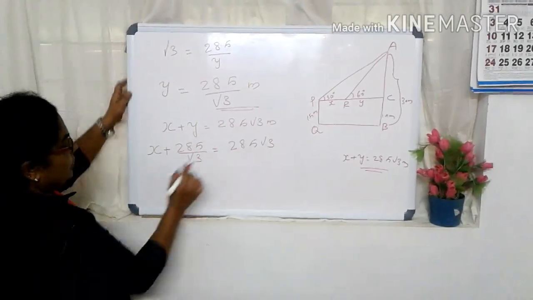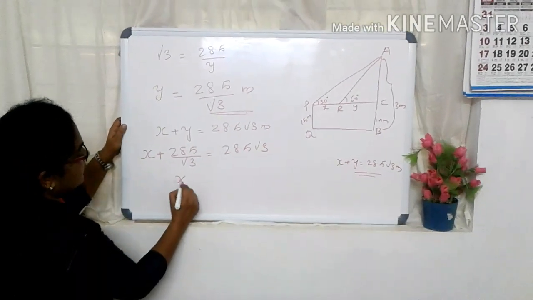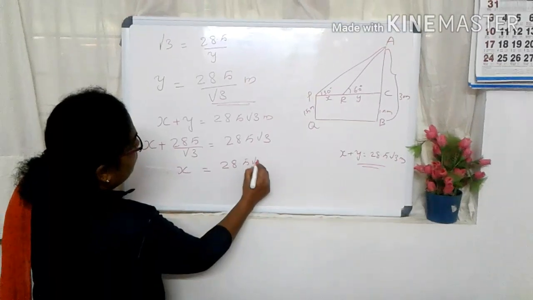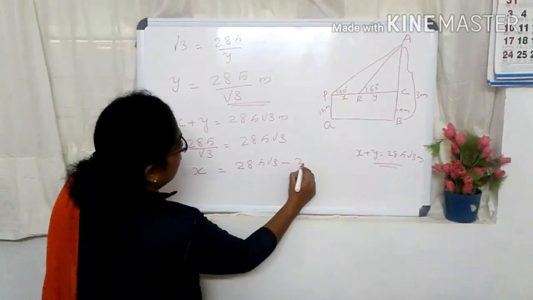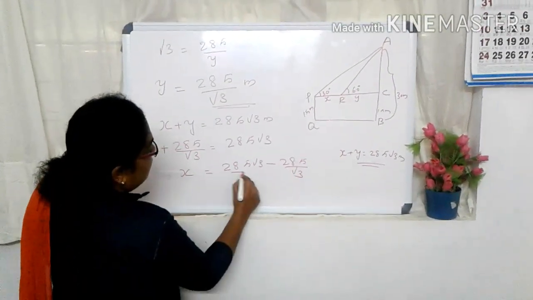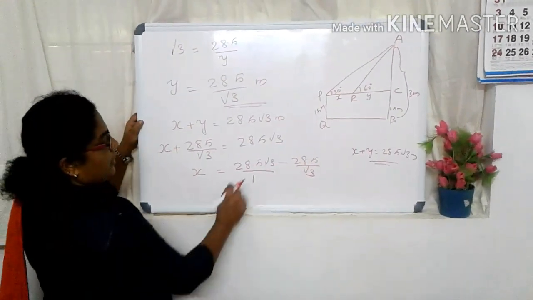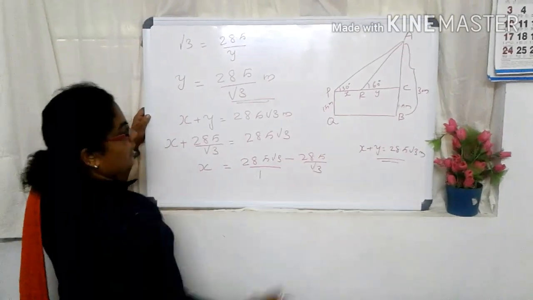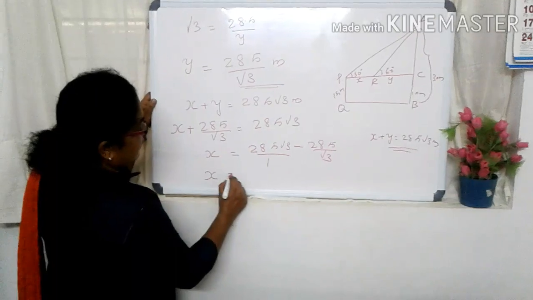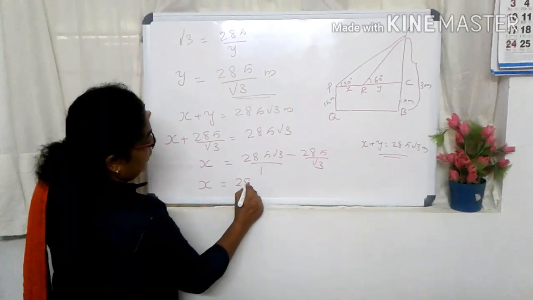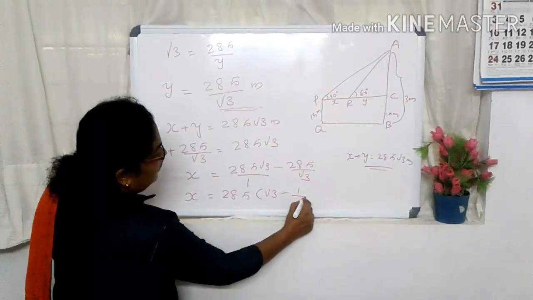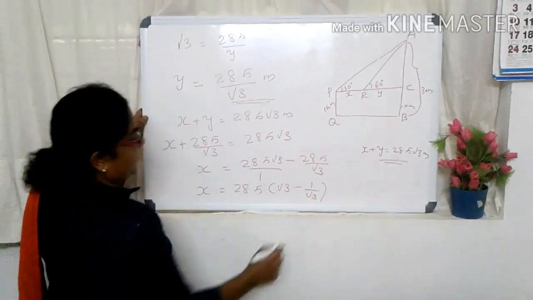Now this plus term goes to the opposite side and changes to minus. Therefore x equals 28.5 root 3 minus 28.5 by root 3. Here the denominator is 1. Now the common factor 28.5 we can take out. So we get x equals 28.5 into root 3 minus 1 by root 3.